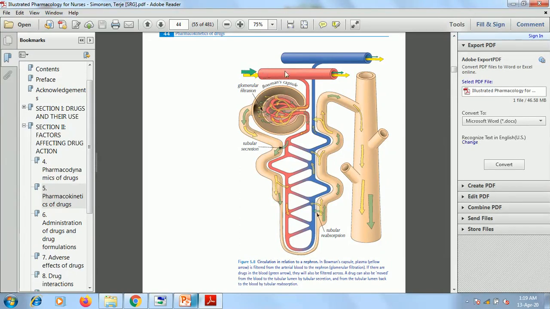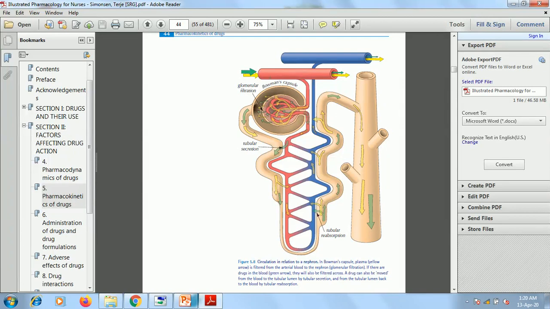This is a renal artery. Here the blood comes to the Bowman's capsule. Here is a glomerular filtration. This is the lumen of the nephron. Here is the loop of Henle, proximal, and then there is a distal convoluted tubule. One thing, this is the blood supply.